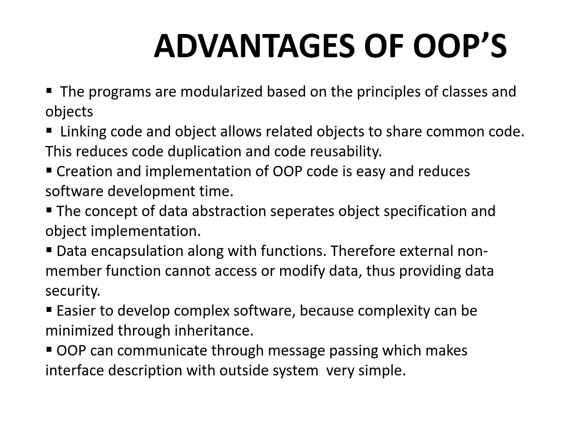The concept of data abstraction separates object specification and object implementation. Data encapsulation along with functions means external non-member functions cannot access or modify the data, thus providing data security.